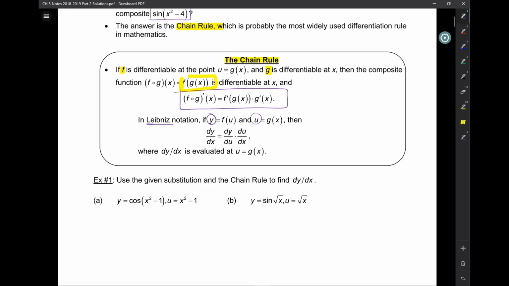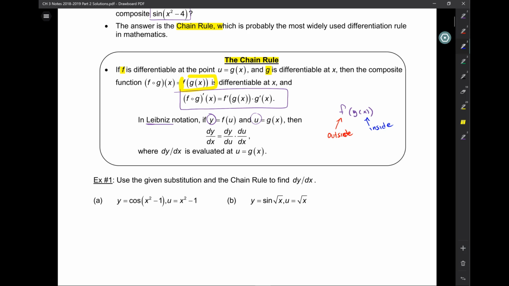How are we actually going to do this? So remember how I said we had a function like this, f of g of x? Okay. We have here an outside function, and we have an inside function, right? So you first have to figure out what is your outside function and what is your inside function.